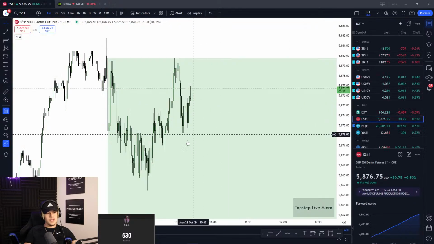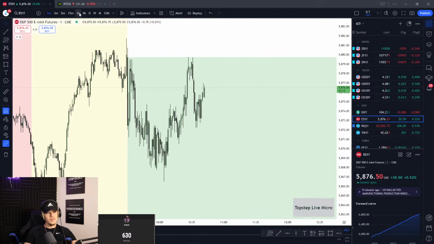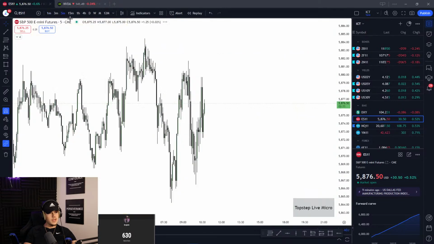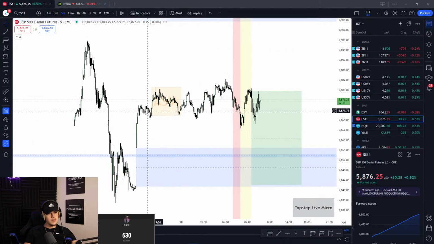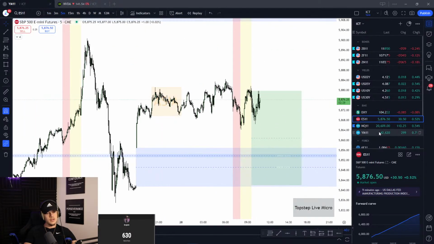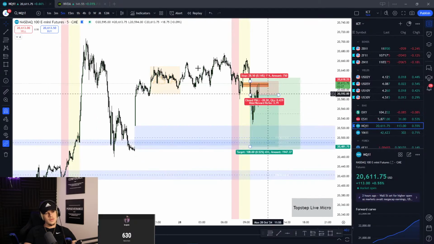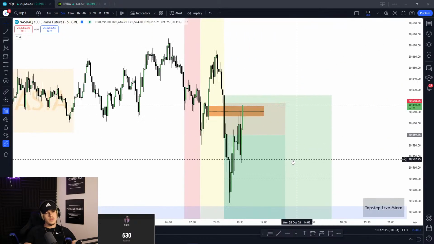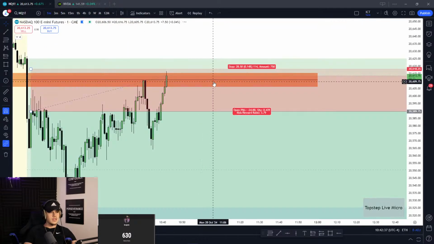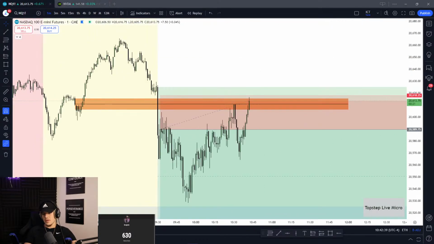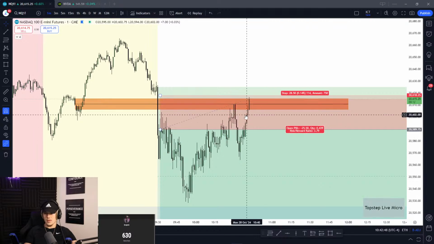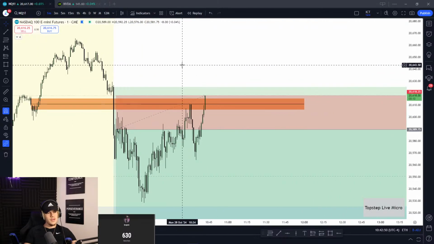Pretty nasty price action though. Alright, we're in the BPR and ES. ES is just consolidating. About to get stopped out here, which is okay. Just cut risk anyways.